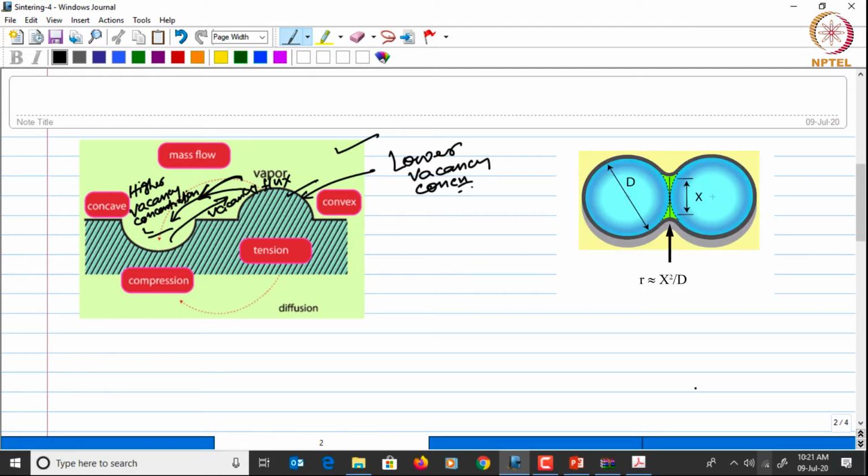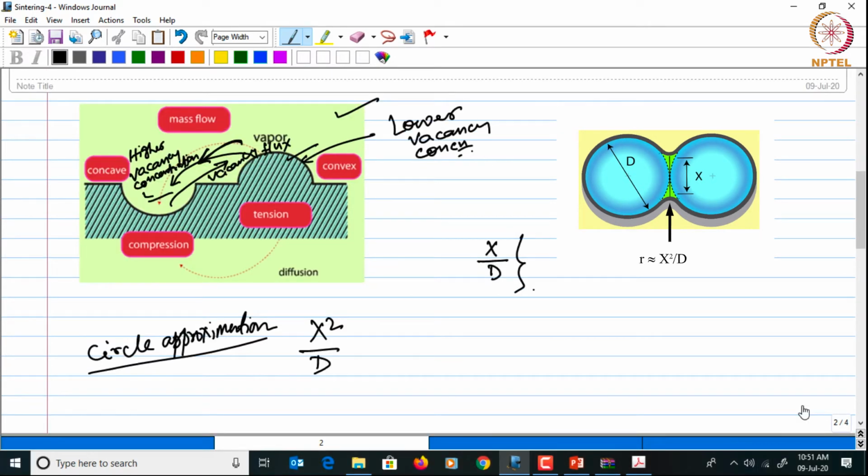The neck radius is x, and x by D is the ratio which is related to the densification. Now, if we use a circle approximation of the neck shape with the radius x squared by D, the stress can be written as follows.